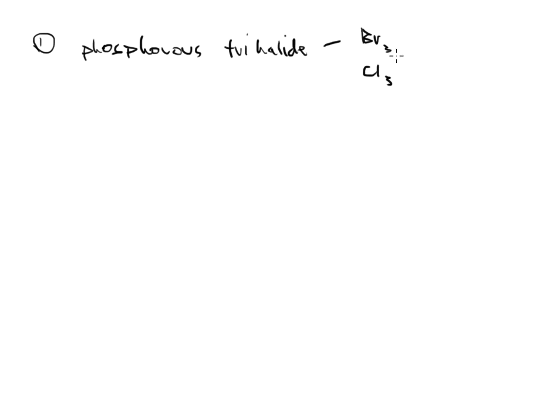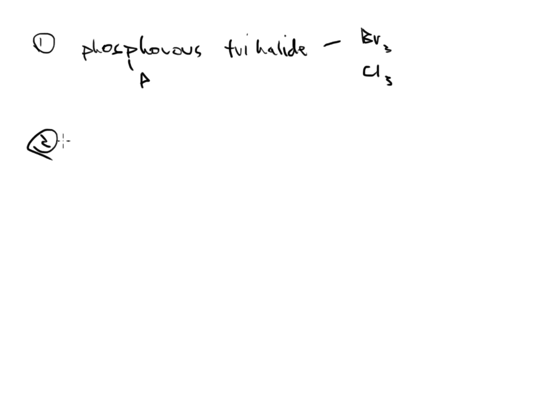Those are the ones that we use all the time. So I know they say trihalide, but it's really a tribromide or a trichloride. It's one or the other. But we have to have phosphorus on this as well. Phosphorus is going to be the P.